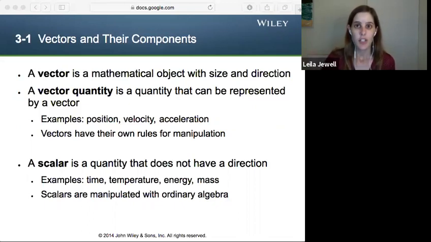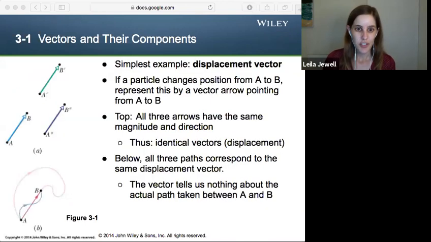It's been 60 seconds, or a temperature of 100 degrees Fahrenheit, right? There still are units here, but there's no direction. And as a result, it can be manipulated with ordinary algebra. So scalars are a lot easier to work with. And we'll actually look for techniques to represent vectors with scalar quantities, because the scalars are so much easier to work with. All right, but for now, let's first take a closer look at vectors themselves.